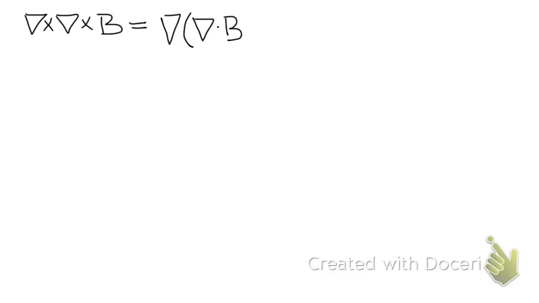Right, so now we'll be using the same identity from vector calculus that I mentioned before. So curl of my vector field, that is my magnetic field in this case, right? And this is then again going to be equal to del divergence of B minus the Laplacian of B, right?